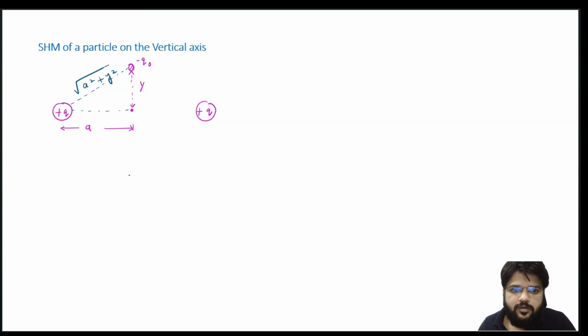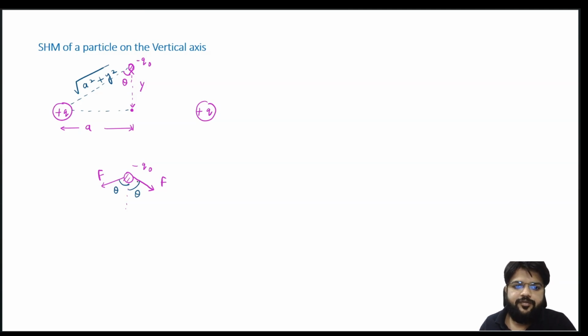Now make the FBD of this. This is minus q naught charge. So here we have force F in this direction, and let's suppose this angle is theta, everyone. This angle is also theta.